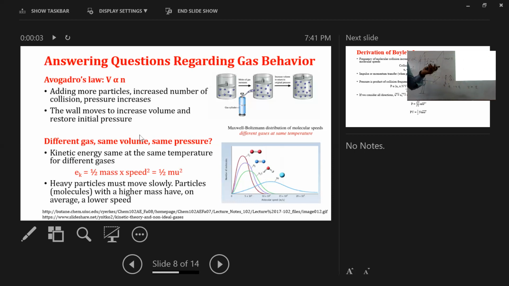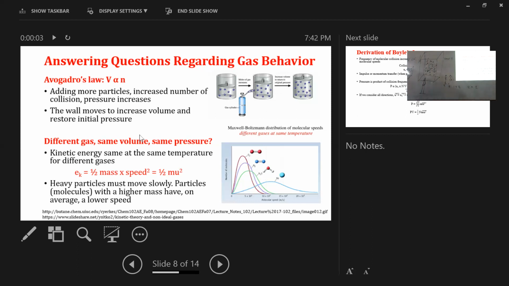Different gas, same volume, same pressure. That is another thing. If you have different types of gas, like hydrogen, oxygen, nitrogen, carbon dioxide, or any other gas, that is a little bit confusing. But if you can understand that easily, you can remove your confusion. So kinetic energy is the same at the same temperature for different gases.